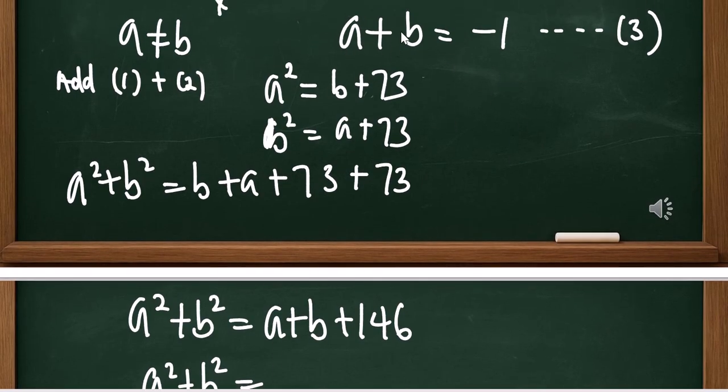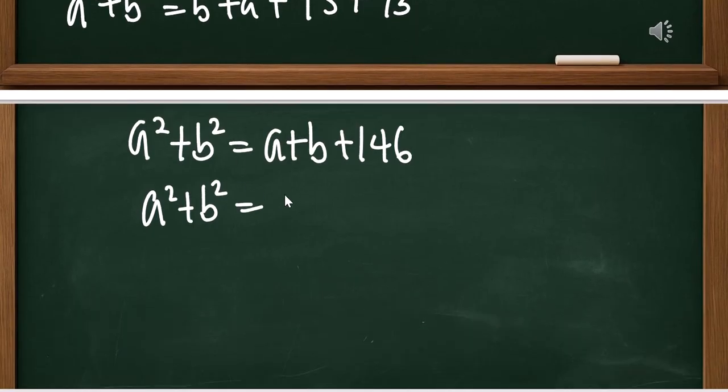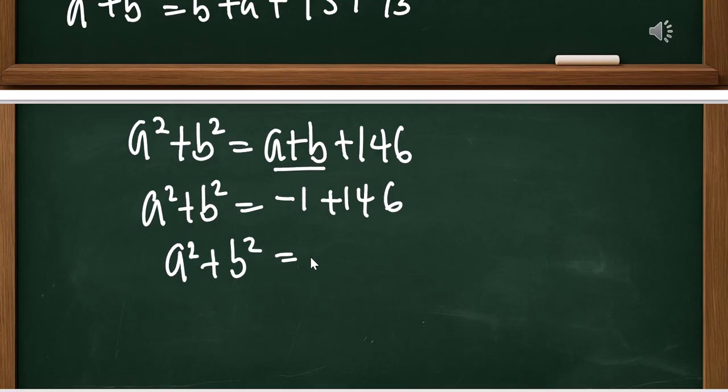You can see that a plus b is equal to negative 1. So I'm going to plug in negative 1 to replace a plus b here, plus 146. So here I'm going to have a squared plus b squared equals 145. I'm going to call this equation 4.